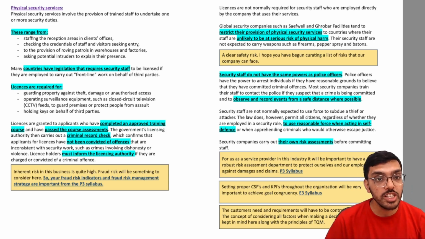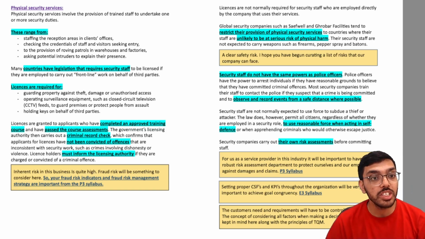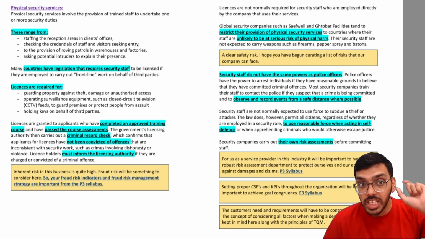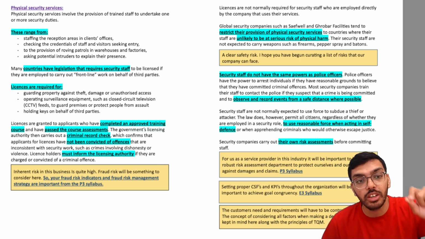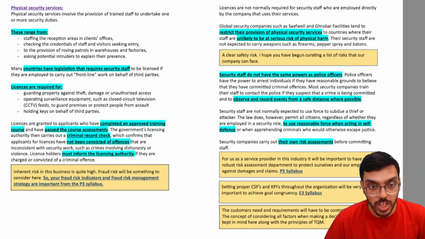Many countries have legislations that require security staff to be licensed if they are employed to carry out frontline work on behalf of third parties. So the need for a license, the regulation is coming into the picture over here.